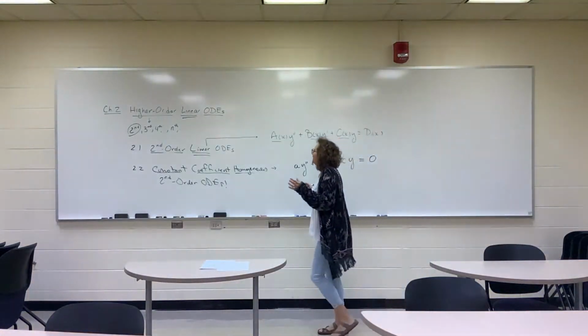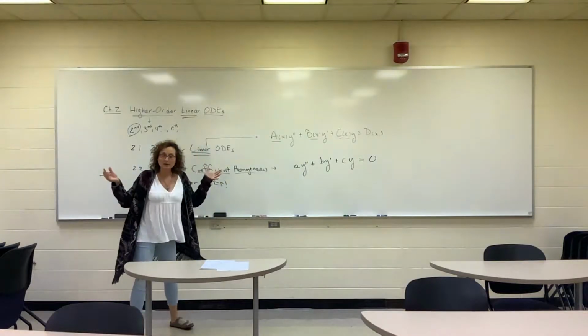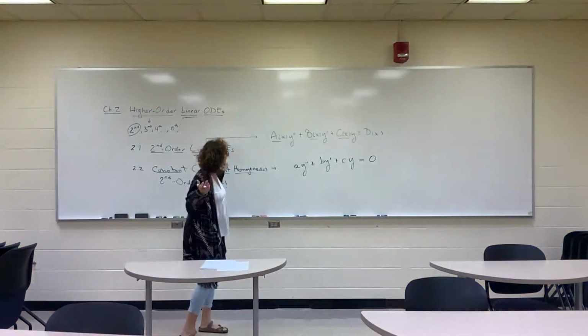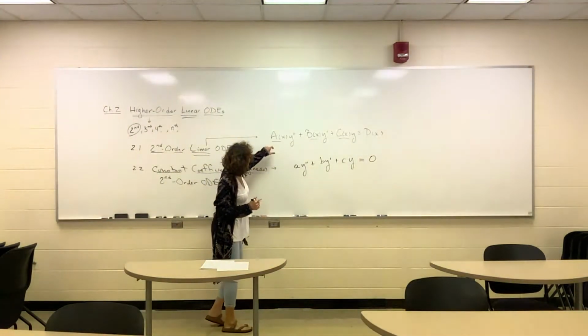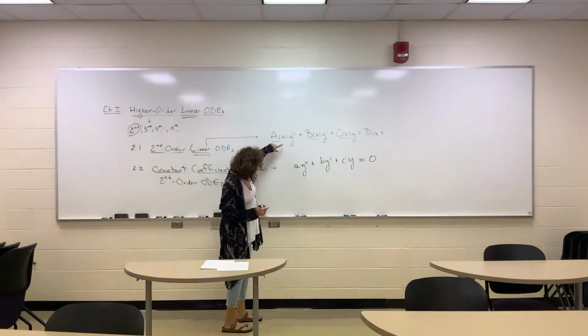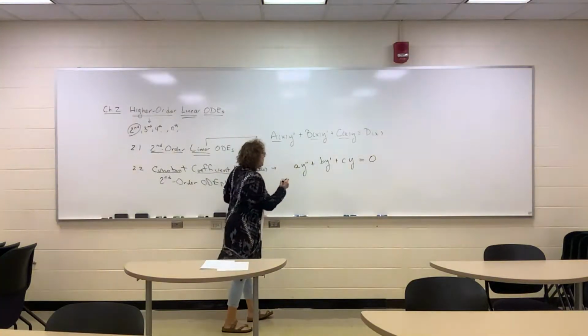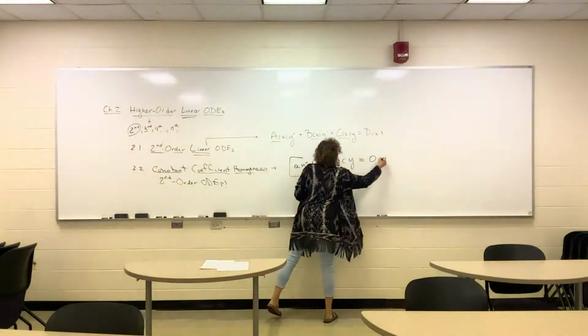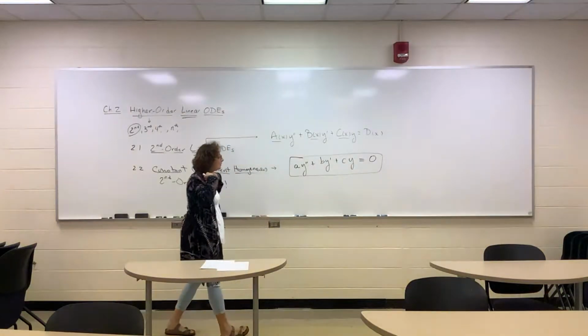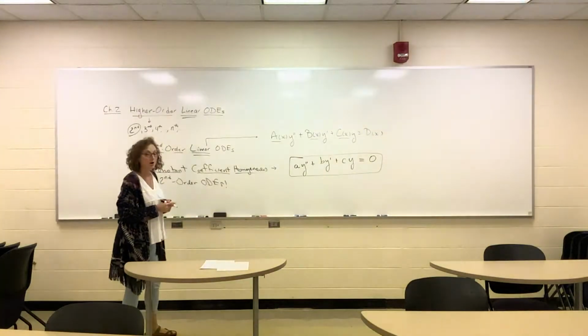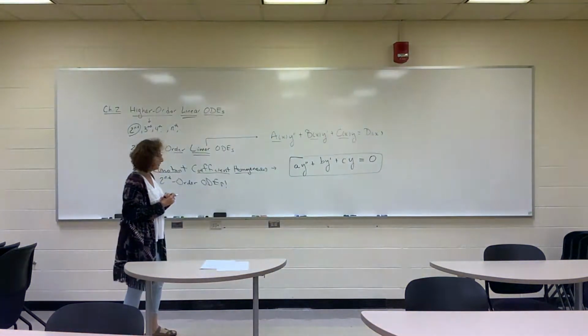So instead of the crazy nonlinear looking thing that we started with, instead of this guy who's considerably more general, we're going to start with this. Constant coefficient, second order, homogeneous ODEs.